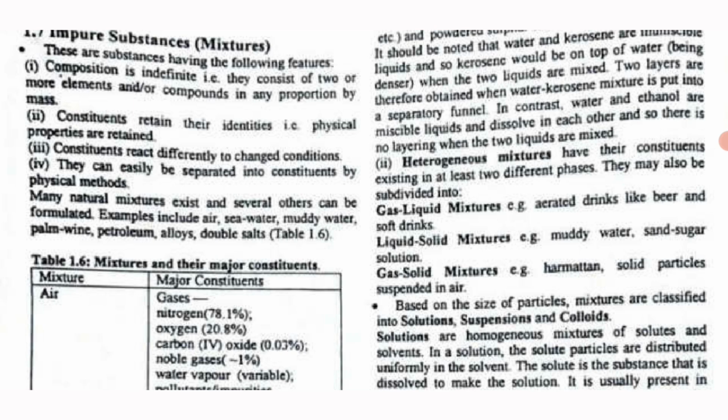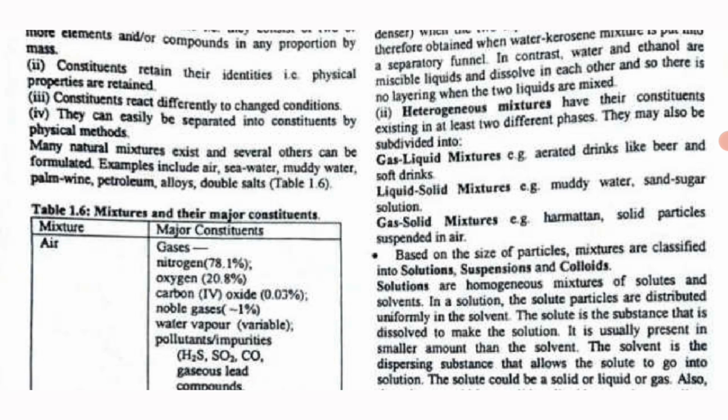All right, they can easily be separated into constituents by physical method. So mixtures can easily be separated because the constituents possess and retain their individual characteristics, so it is quite easy to separate them. Now it says many natural mixtures exist and several others can be formulated.